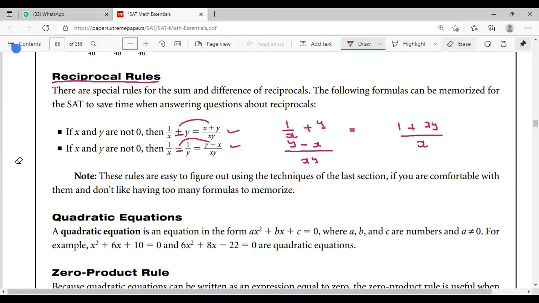Let me try it once again. So we have 1 by x plus y, and I can take x as LCM, so I'll have 1 plus xy.